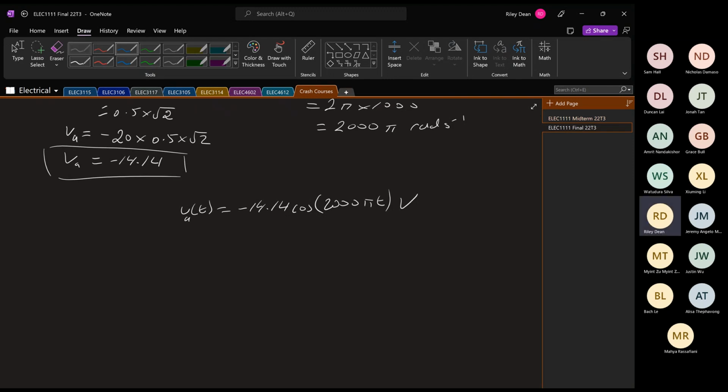Okay, exactly right. We can't have a negative magnitude. Because of that, we need to move that somehow into the cosine. Does anyone know how to do that?